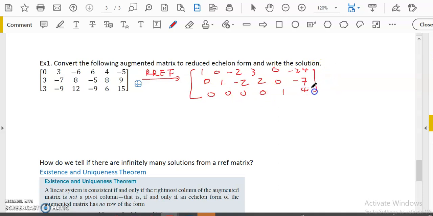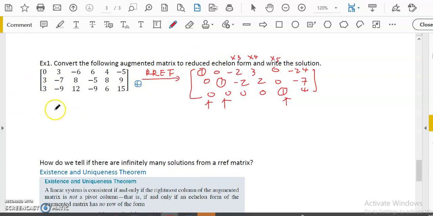Okay, so let's circle the pivot positions. This is the first non-zero entry, the pivot position. So we have 1, 2, 3, three pivot columns, and these 2 are free. So x3, x4 are free. x5, x1, and x2 are basic.